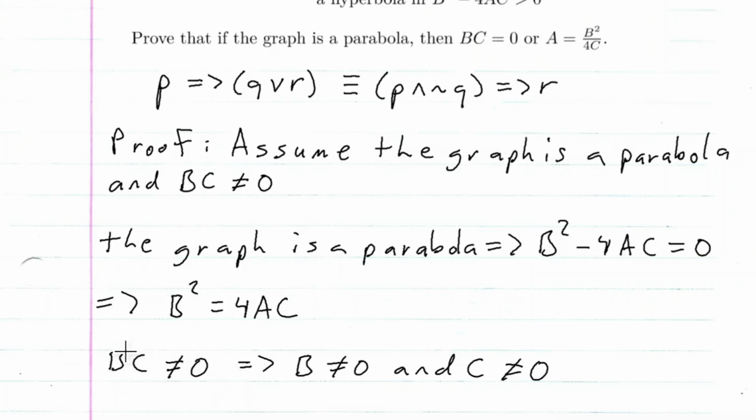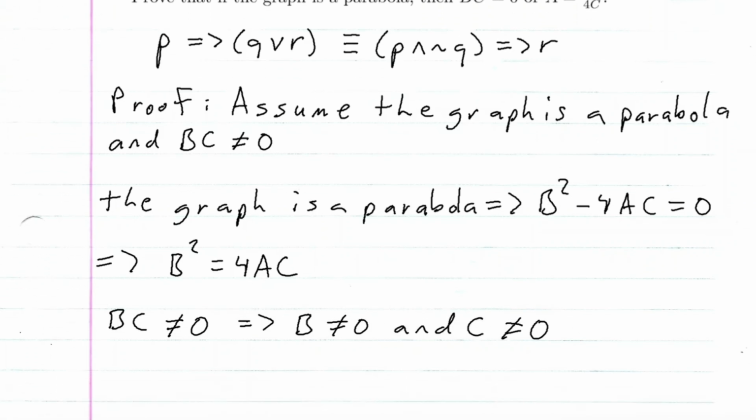But since the product here is not 0, both B and C can't be 0. So what that helps us with is, with this equation here, now we know we can divide both sides by C because we know C is not 0. So this implies that B squared over 4C is equal to A.